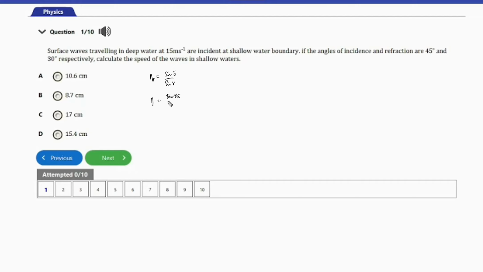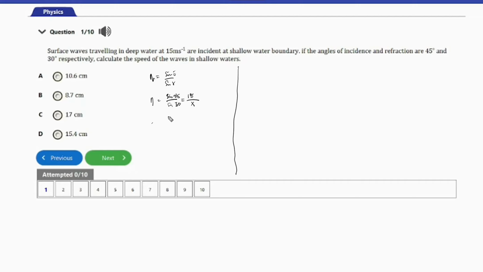So that will be sine 45 over sine 30, and that's equal to the speed of the wave in deep water over the speed in shallow water. The speed of the wave in deep water is 15 meters per second, and that in shallow water is not given, so we are going to calculate it.